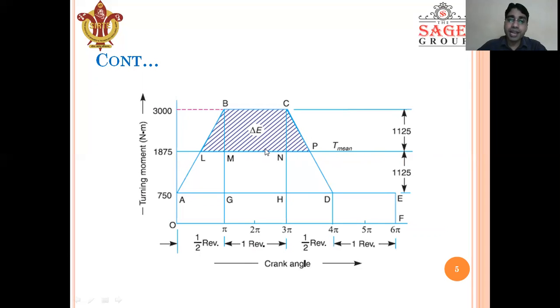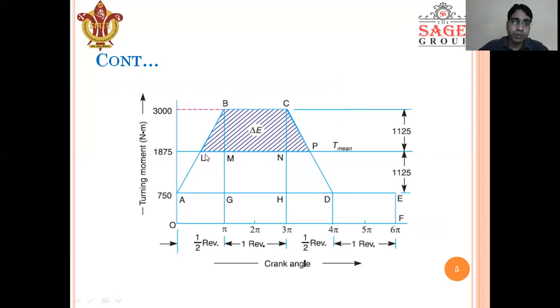The area above the mean torque line represents the maximum fluctuation of energy, delta E. So now we have to calculate the area of triangle 1, triangle 2 and this rectangle. First of all, we calculate the area of this rectangle. We can calculate it easily because we know this side, but we don't know the values of LM and NP.